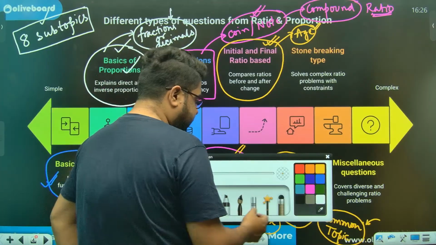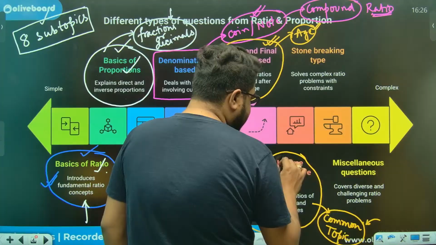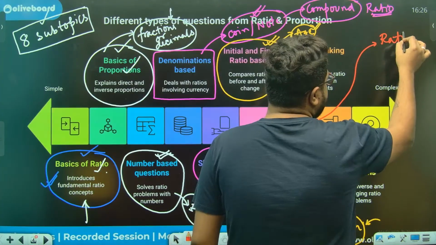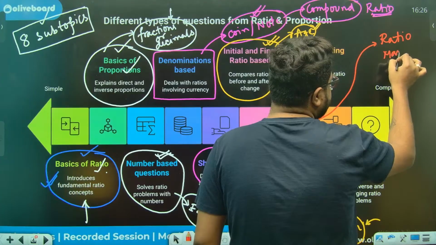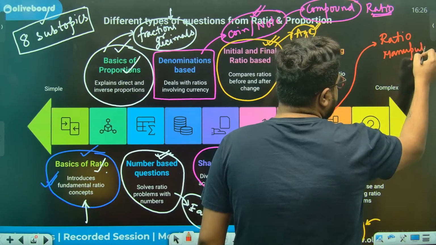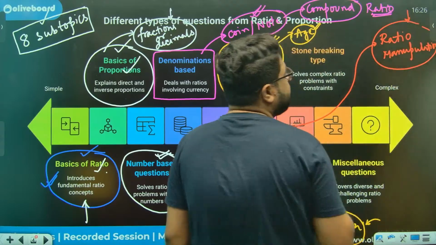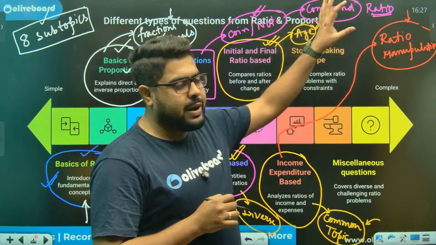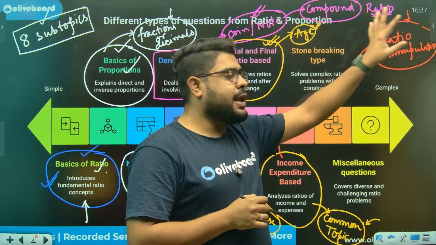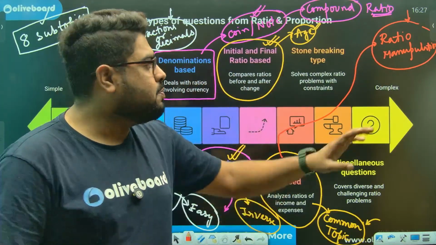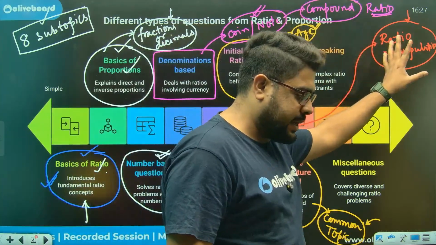If you learn it properly, I will definitely recommend that you learn a technique called ratio manipulation. Please learn ratio manipulation, because once you master this, it will be helpful in many other chapters.